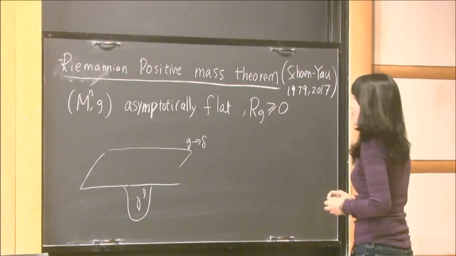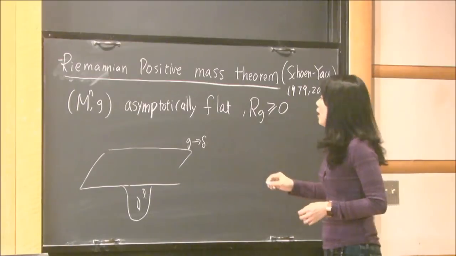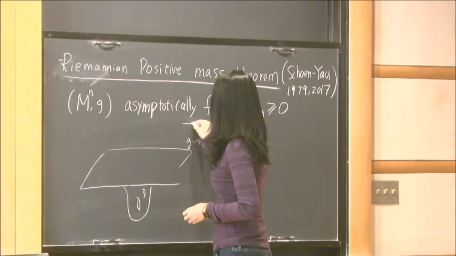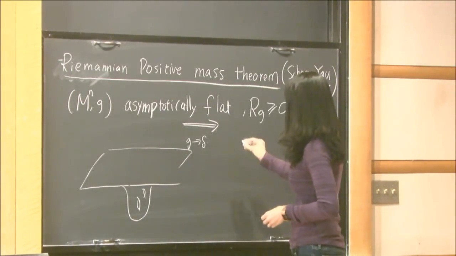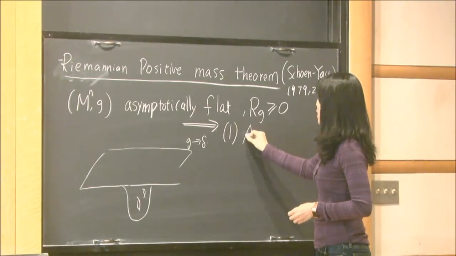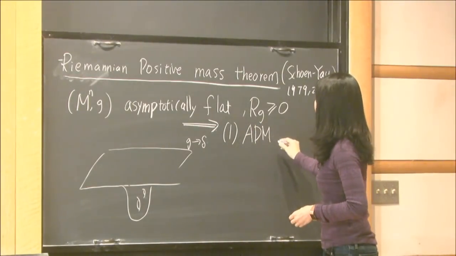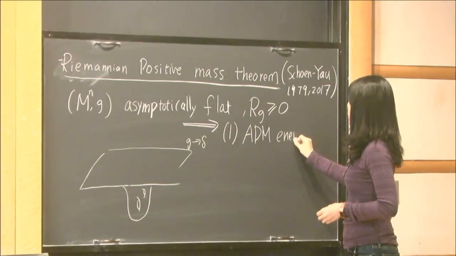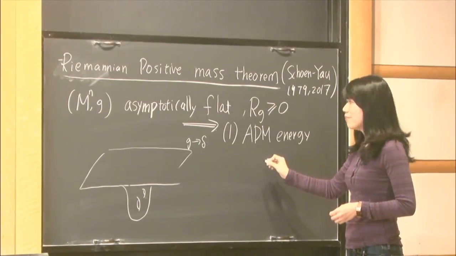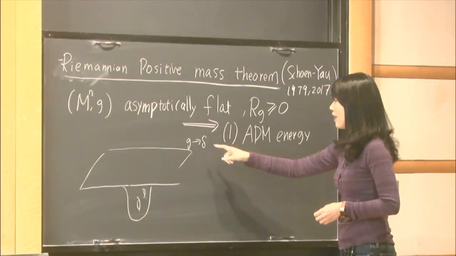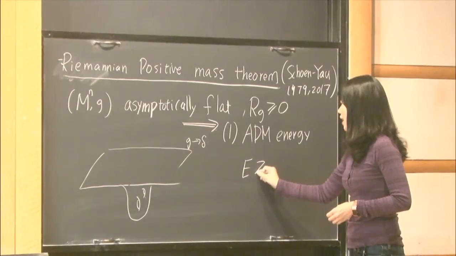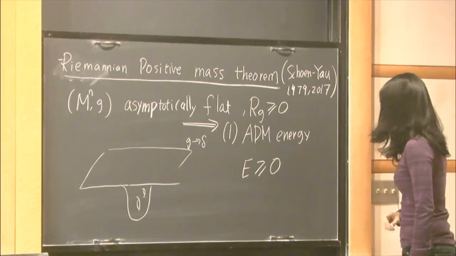And the metric has non-negative scalar curvature. Then what can we conclude is the following two statements. There's an invariant called the ADM energy, which is a number corresponding to the metric, defined using the metric. And that number has to be non-negative.